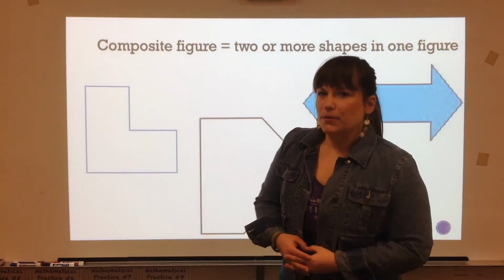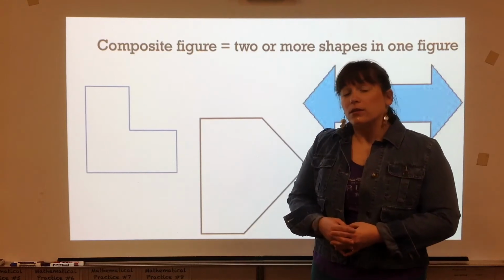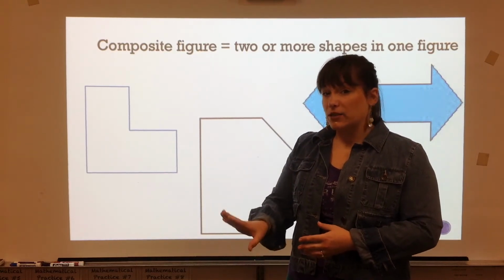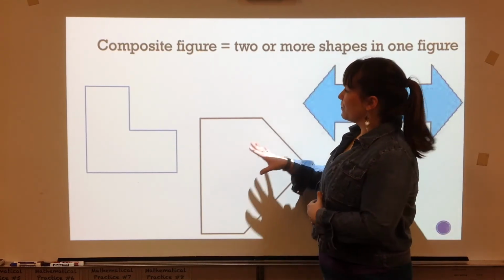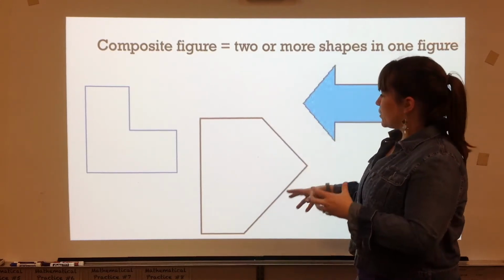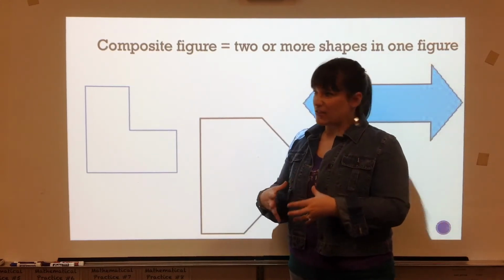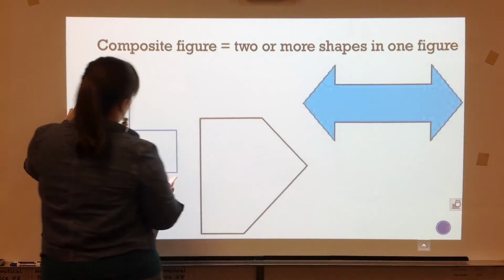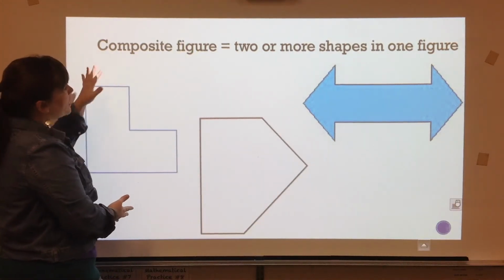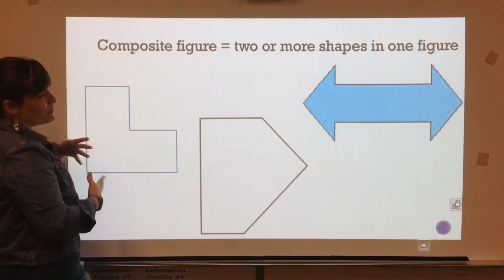Now our last example deals with something that we're really going to talk more about in our next video. However, here's a little preview. When you have 2 or more shapes that you can fit together like a puzzle and make a different kind of shape, it's called a composite figure. 2 or more shapes in one figure.